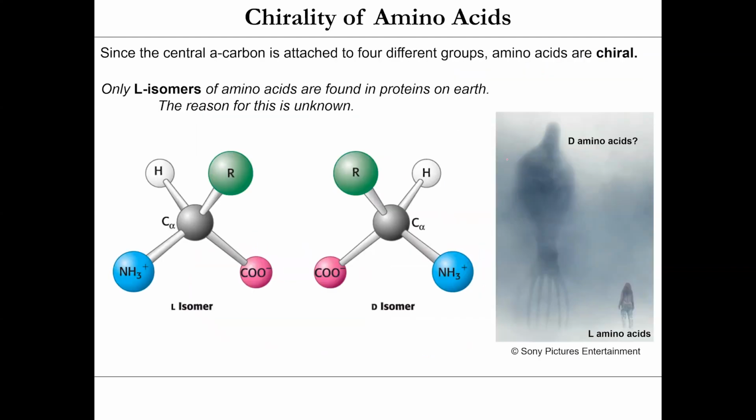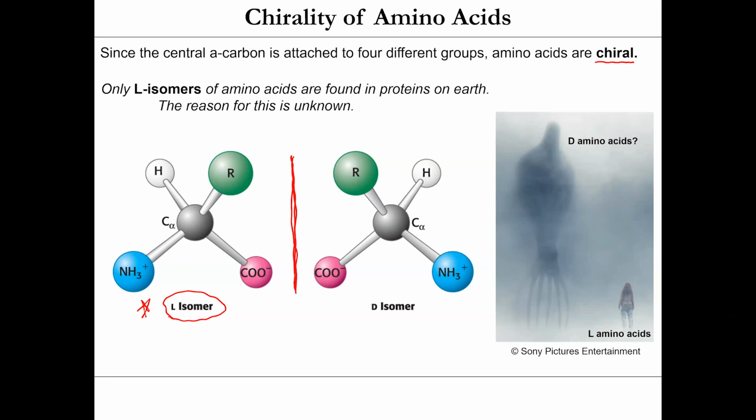Now, since the central alpha carbon on these amino acids is attached to 4 different groups, amino acids are going to be chiral. They're going to form these left and right-handed mirror images of each other that are non-superimposable. Now, interestingly, only L isomers of amino acids are found in proteins on Earth. The reason for this is unknown. Apparently, pure forms of L isomers or D isomers of amino acids are a bit more stable than mixtures.